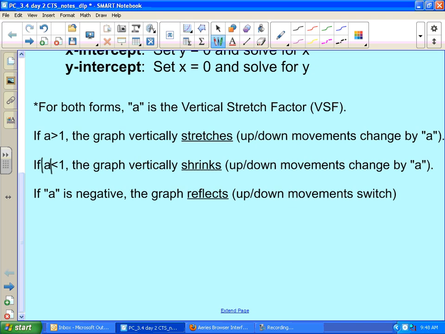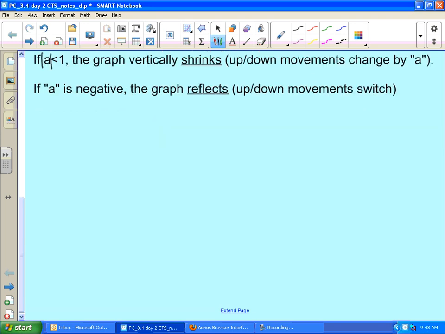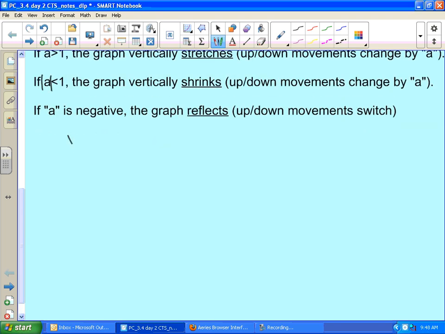So if I had, for example, 1/2 (x − 3)² + 2, that a is less than 1, right? And therefore this graph shrinks vertically.